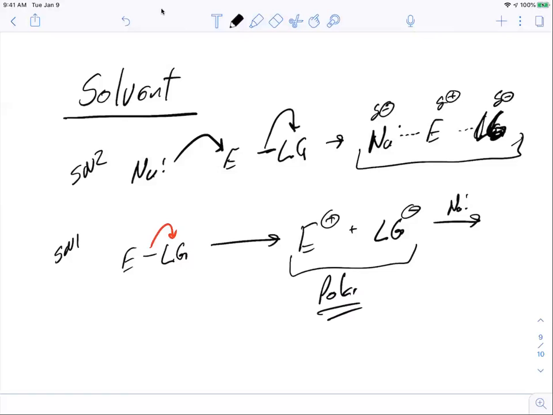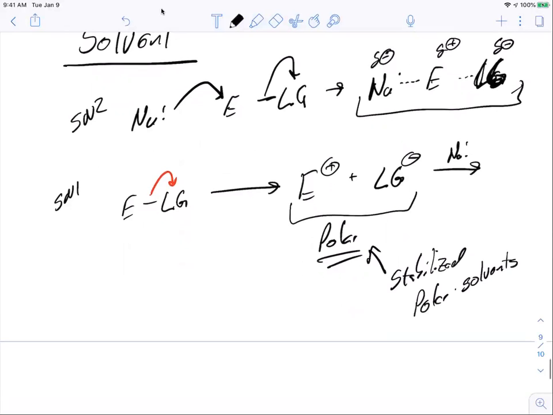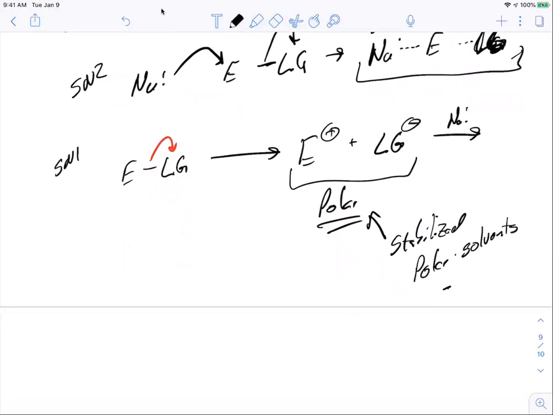In that rate determining intermediate, in this case not a transition state but an intermediate, I am forming full positive and full negative charges. So to stabilize that, it's going to be stabilized by a polar solvent, and more so by a protic solvent.